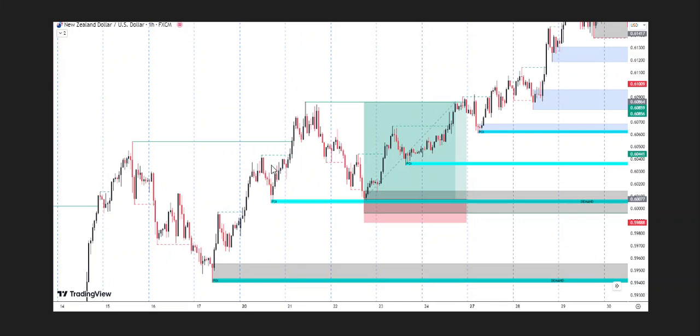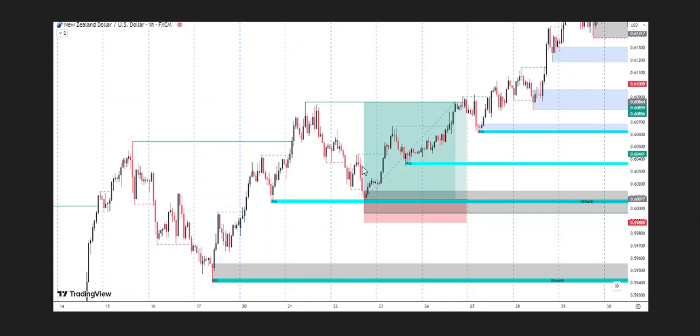Look at what happened when this demand zone was created. Price broke structure here, this internal structure, and also broke a swing structure. Then price started coming down. Before price moved into this demand zone, you can see that it comes with force, like it's coming to grab liquidity.